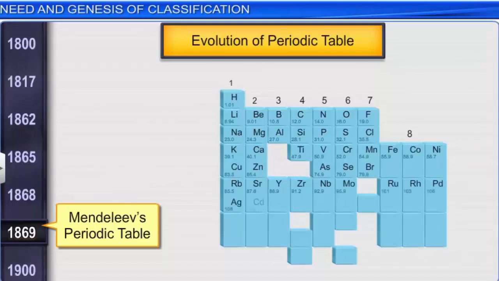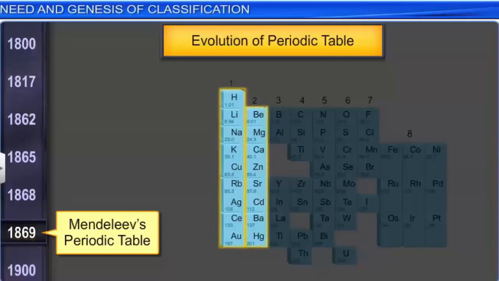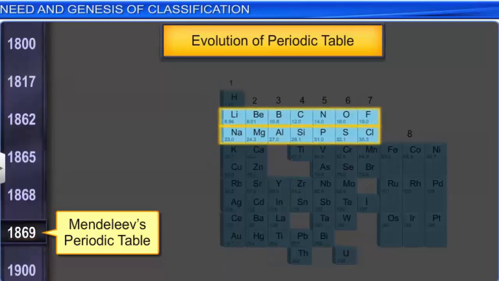This resulted in the arrangement where the elements with similar properties occupied the same vertical column. Mendeleev termed these vertical columns as groups and resultant horizontal rows as series.